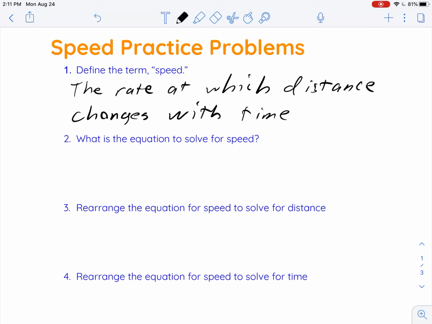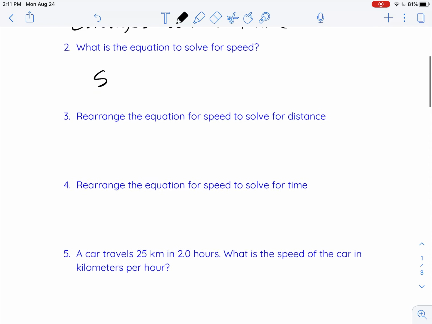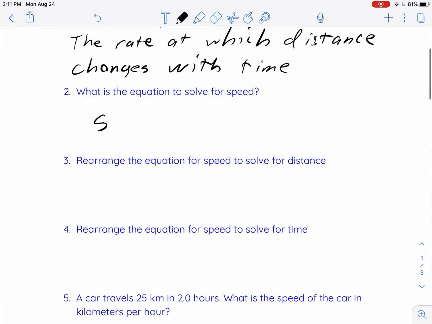So if I want to calculate speed, the variable for speed is s, and speed is equal to distance divided by time. Whenever we divide something by time, that indicates a rate. So think like miles per hour or meters per second. Those are units of distance divided by units of time, just like we saw in the bus lab.